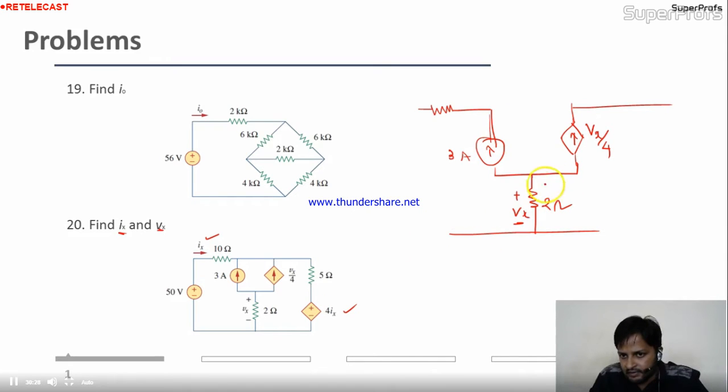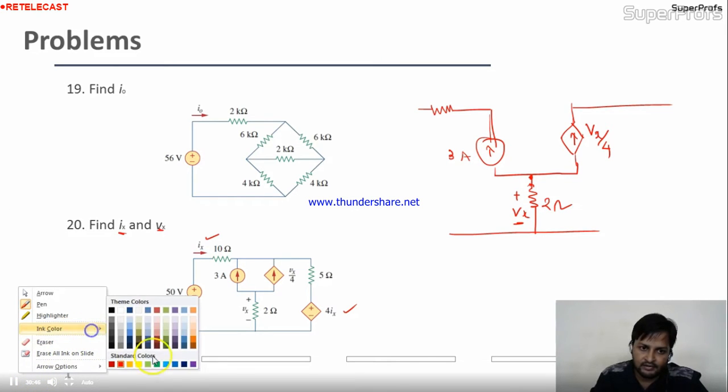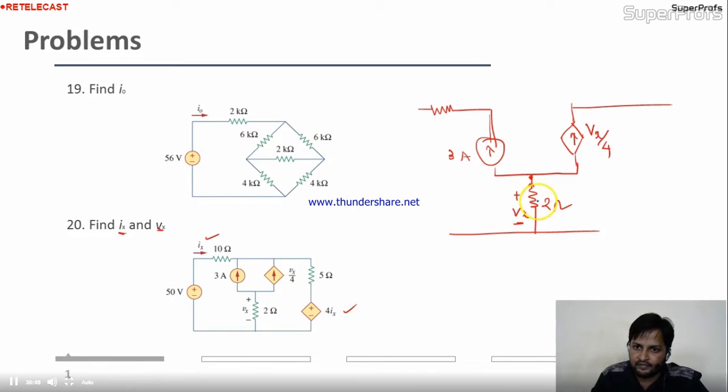So friends, at this node, two currents are leaving, Vx by 4 and 3. Means here the incoming current is equal to the outgoing currents. So in this branch, the current is the summation of these two currents. Is it okay or not? Tell me first. In this branch, the current will be 3 plus Vx by 4, is it? Right?